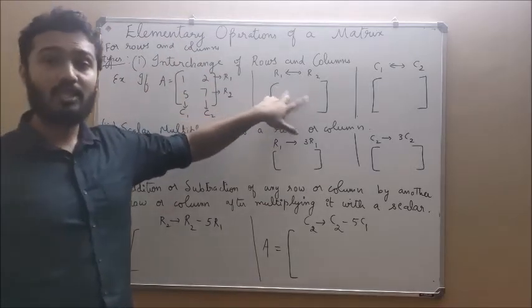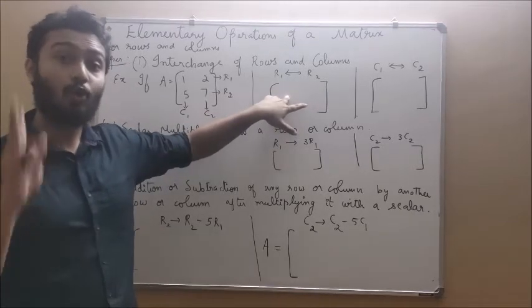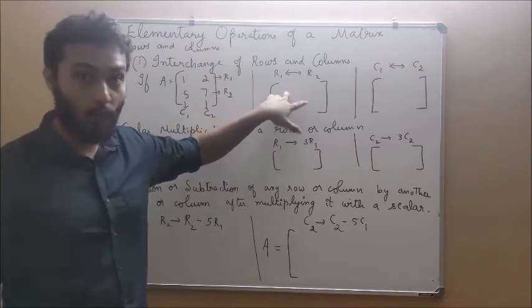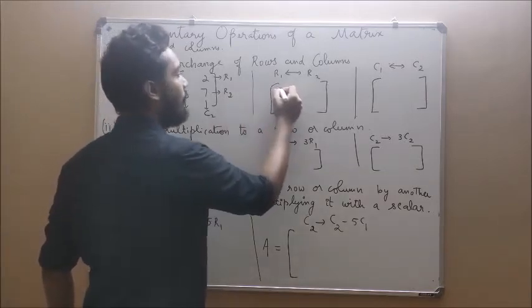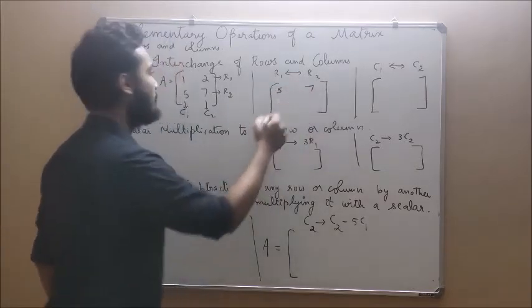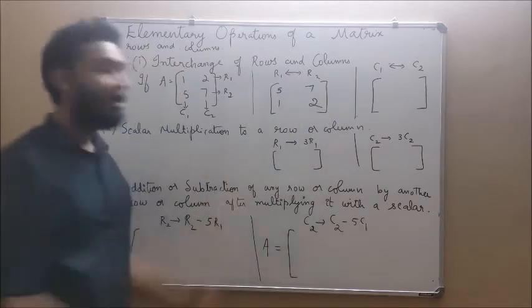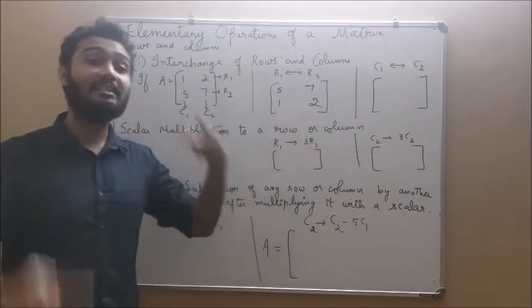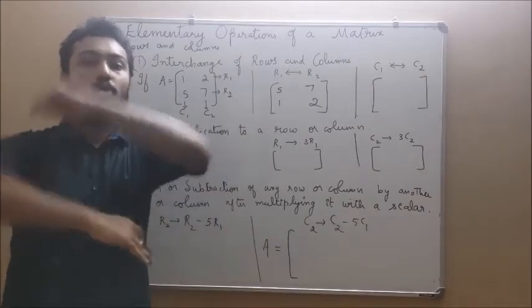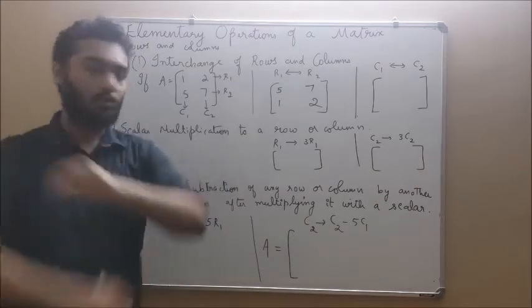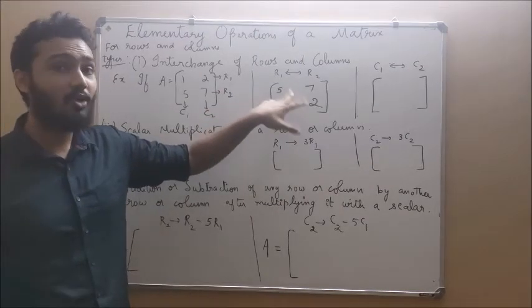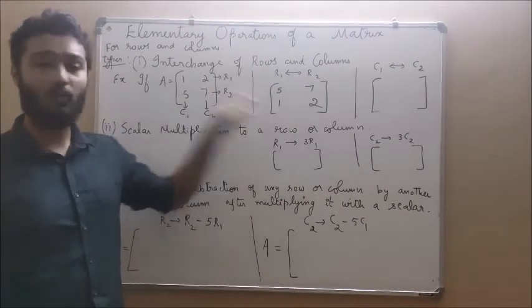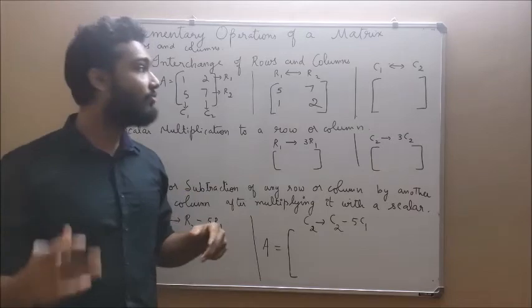So in the place of row 1, row 2 will come. So we get 5, 7, 1 and 2. Here I have interchanged the position of row 1 and row 2. In the place of row 1, row 2 has come, and in the place of row 2, row 1 has come.